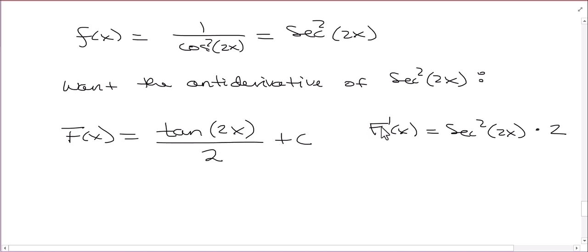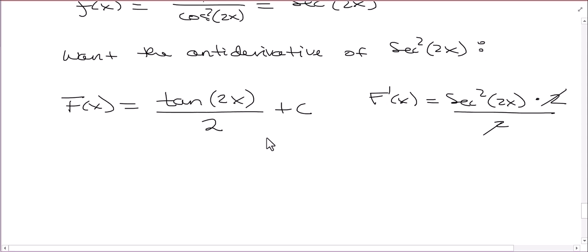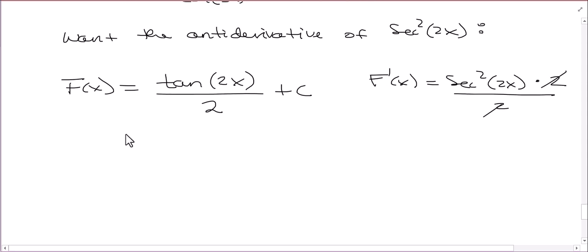Now when I take the derivative, that 2 and the bottom 2 will cancel, giving me just the secant square that I have. So whenever you have the chain rule where you multiply by a constant in the derivative, that means in the antiderivative you divide by that constant. So this will be our antiderivative.